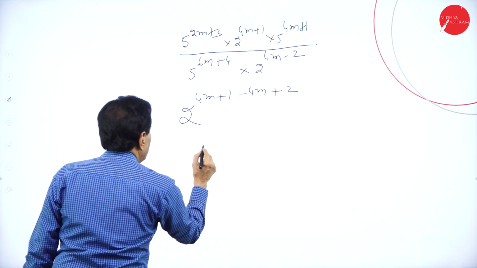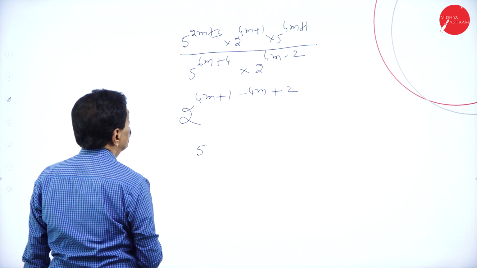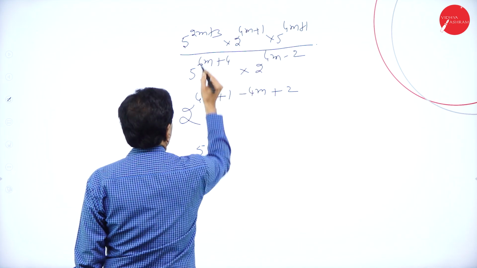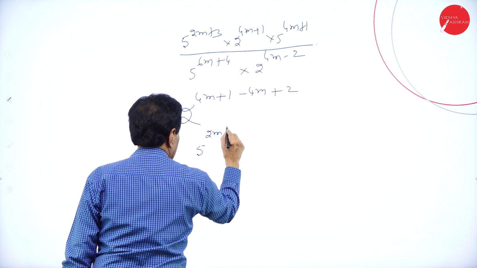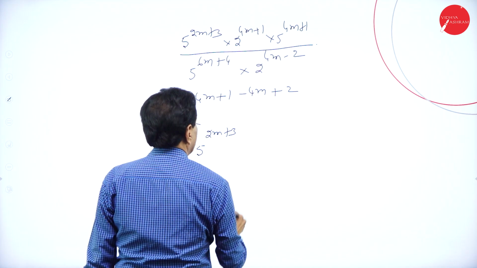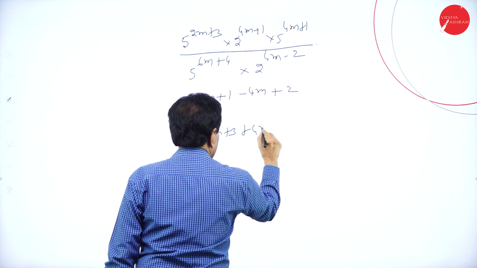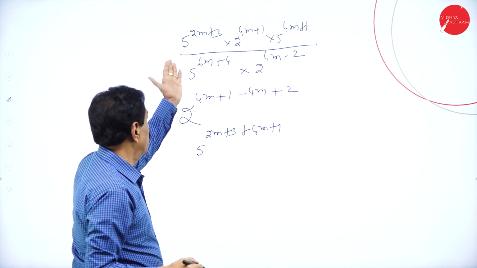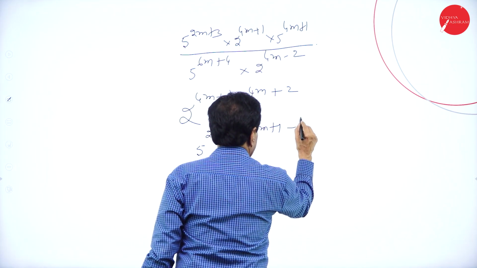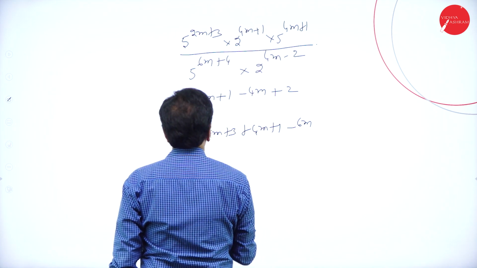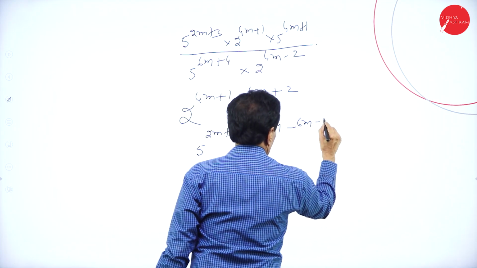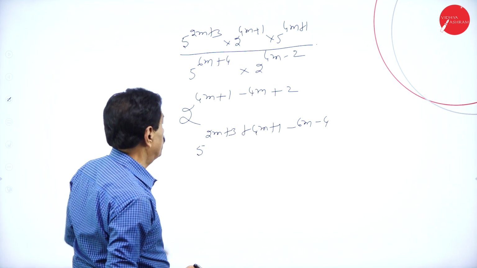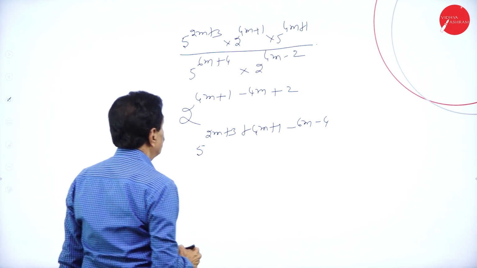Come back to 5. 5 to the power of 2m plus 3 plus 4m plus 1 because common base. If you come to this now, minus 6m minus 4, minus 6m minus 4. Then simplify this.